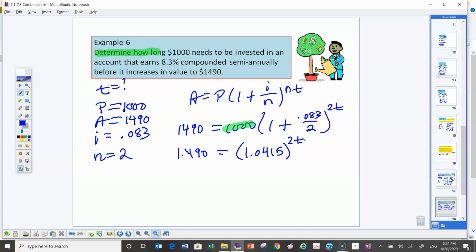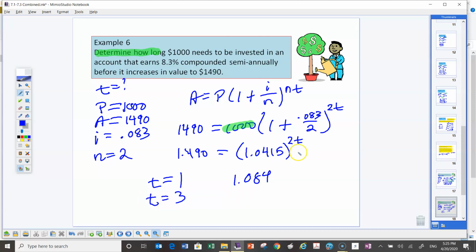So now we can do some guess and check to see how long we have to invest this in order to raise it to $1,490. If I put 1 in there, I'm going to get 1.0415. 2 times 1 is 2, so that whole thing's raised to the power of 2, and that's going to work out to be 1.084, so not quite equal to 1.49. So let's try t being 3.